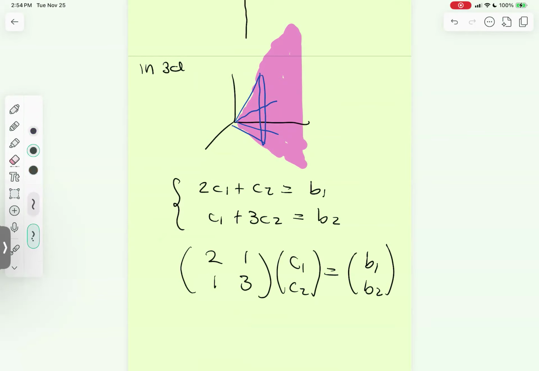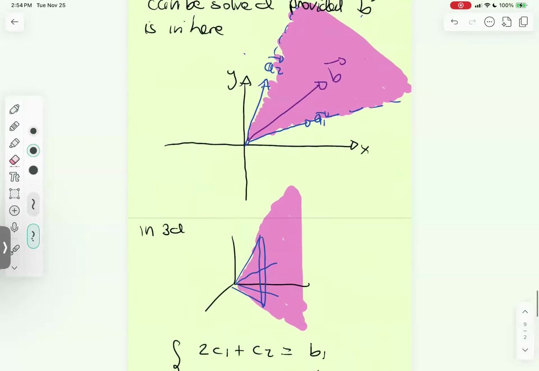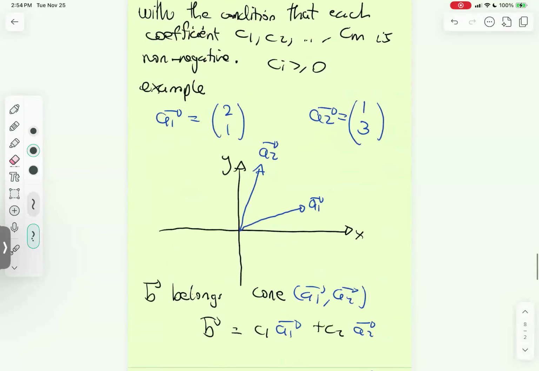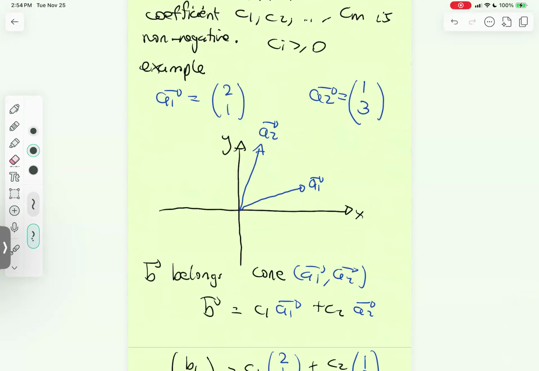So what is this matrix? That's just A1, A2.